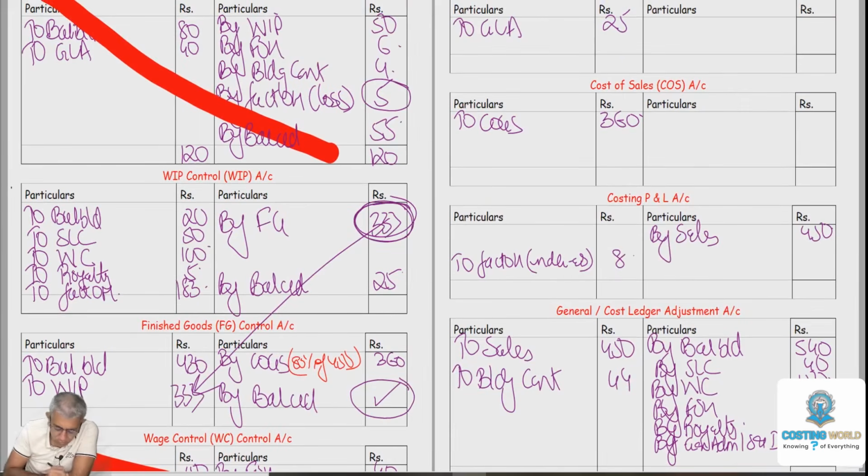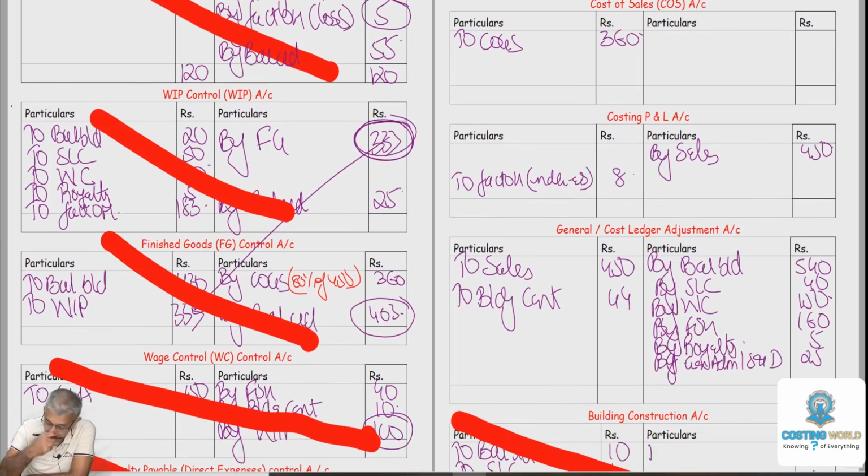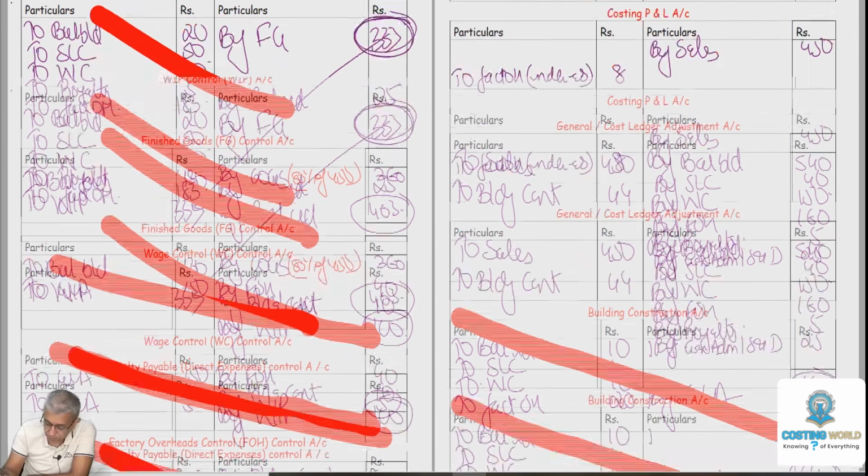What is your finished goods balancing figure? 403. Okay, done. So now which accounts are over? This account is also done. This account is also done. I guess your FOH account is also now over.